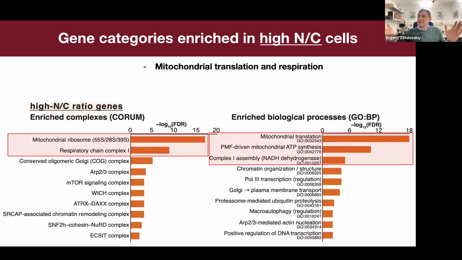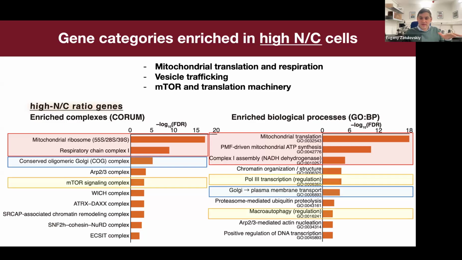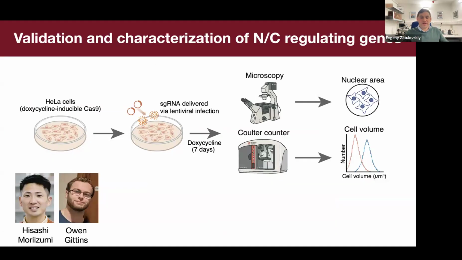We still don't know what it means. It's a mystery. So if you have any ideas, you're welcome to suggest something. But we are not touching too much on the mitochondria yet. But we see a lot of vesicle trafficking proteins, mTOR signaling, and also some chromatin remodeling proteins there, which is also not too surprising given that changing chromatin structure can mechanically affect the nuclear size.